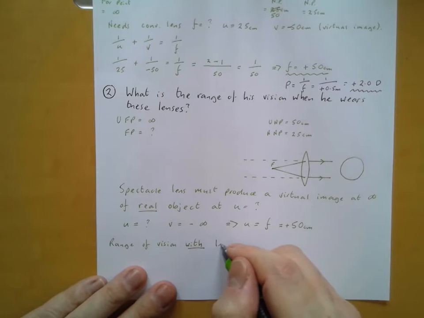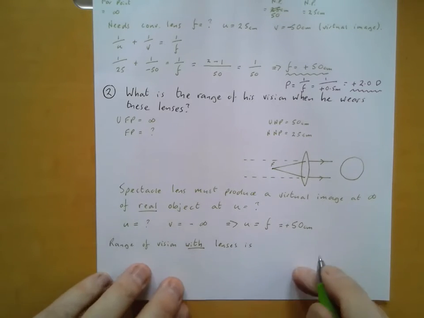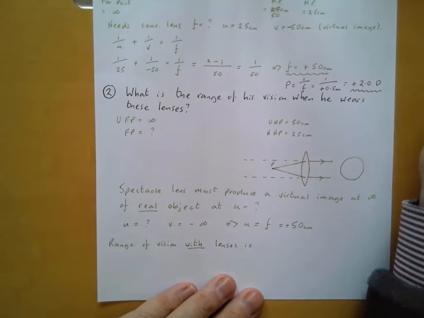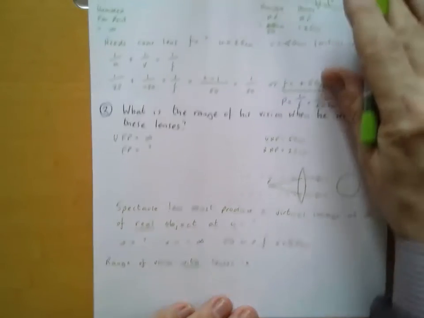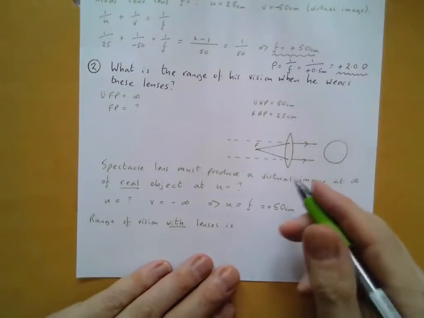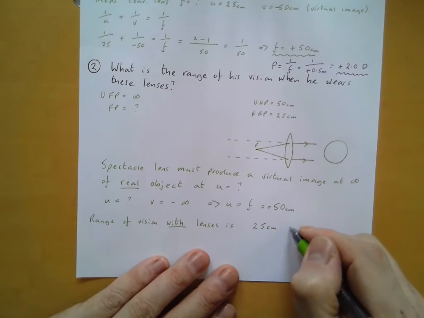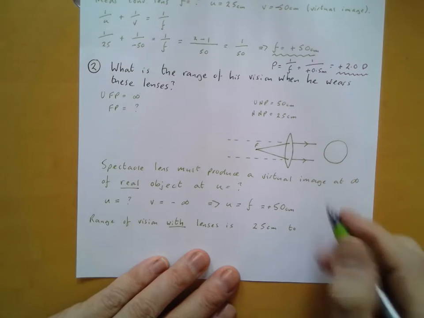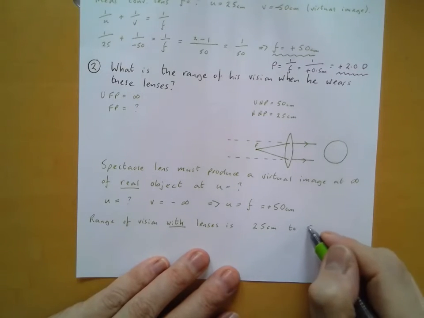With lenses is, so we brought his near point in from 50 centimeters to 25 centimeters, is from 25 centimeters to, well, only 50.